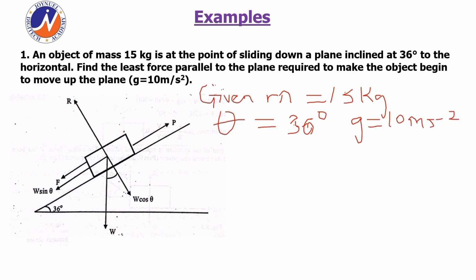So the force that we are looking for, P, will be equal to F plus W sine theta. So that force that must cause it to move up the plane must be equal to the sum of these two other forces.